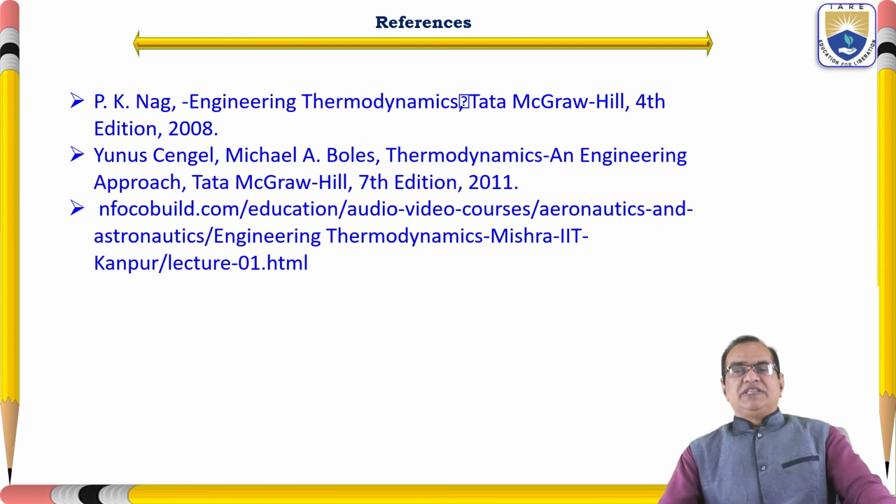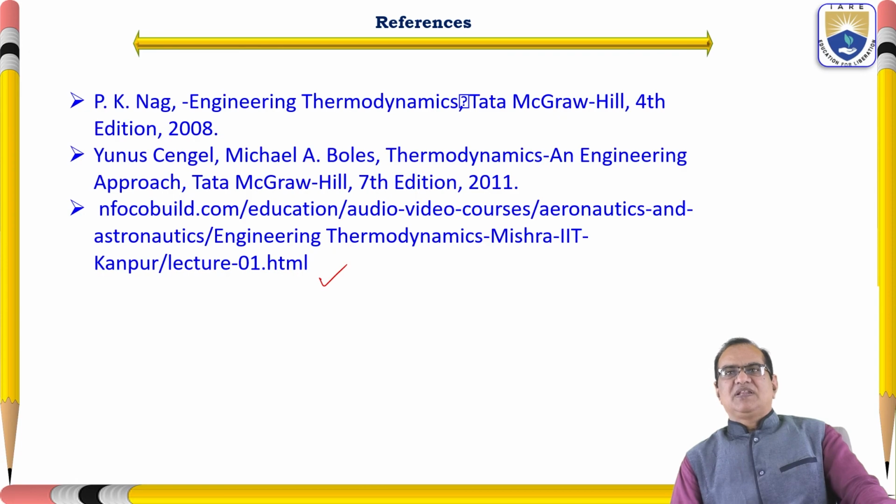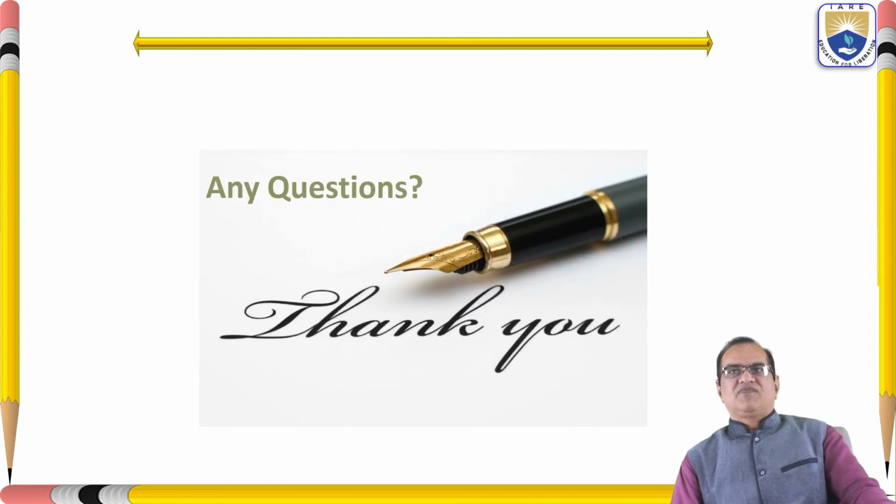These are the references: P.K. Nag, Engineering Thermodynamics, Tata McGraw-Hill; Yunus Cengel, Thermodynamics: An Engineering Approach; and the video which I have taken from NPTEL from Professor Mishra. I have taken some content from there.